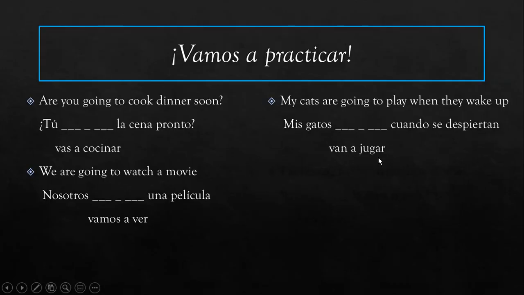So that is van a jugar. Mis gatos van a jugar cuando se despiertan. The se despiertan at the end is what's called a reflexive verb. You guys will get more into that in your future Spanish class, but that's just a little foreshadowing I wanted to give you.